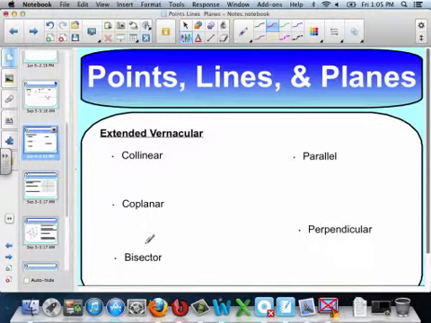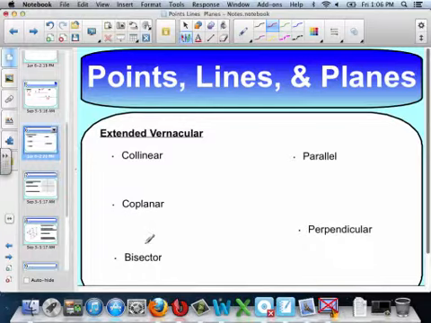Like co-author. So they worked on it together. That's the key thing. When we look at the prefix co, we want to think of it as together. Co means together. So think about collinear.